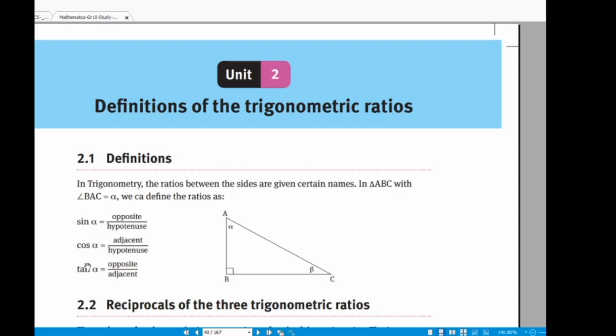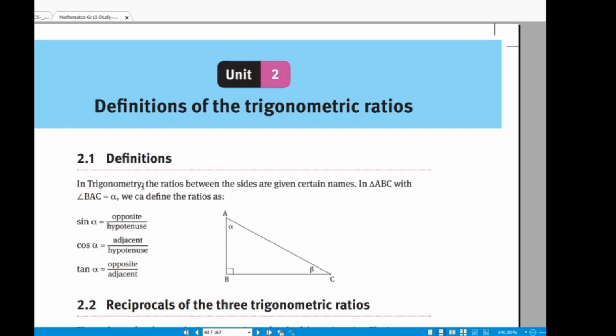These three are the trigonometric ratios that we will look at, and then there are the reciprocals. The reciprocal of sine is cosec, of cos is sec, and of tan is cot. We will discuss the reciprocals in due course, but for now let us look at defining the trigonometric ratios.